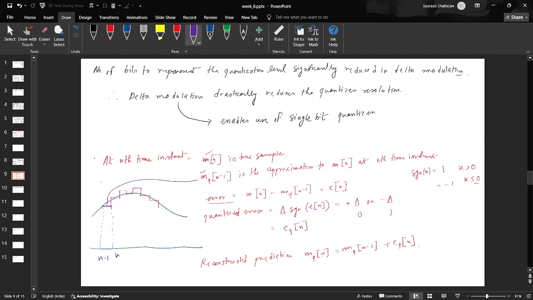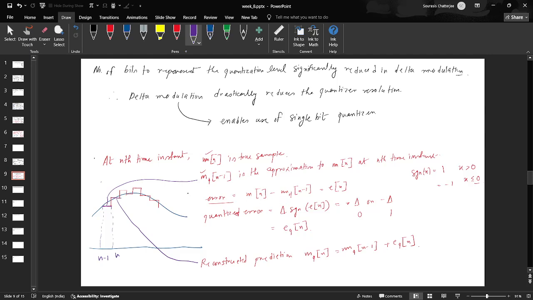What is happening is this value here is the original m[n], which is a ground truth sample, right? You see this one is above your approximation, so that signals you need to move upwards. So you move that, and this value here is what your reconstructed mq[n] is.